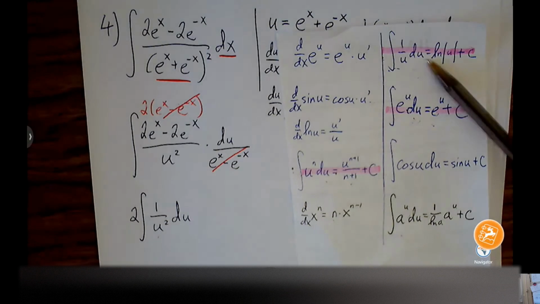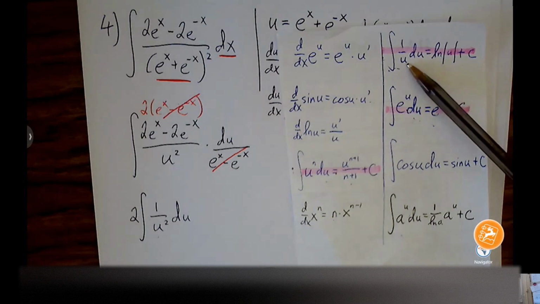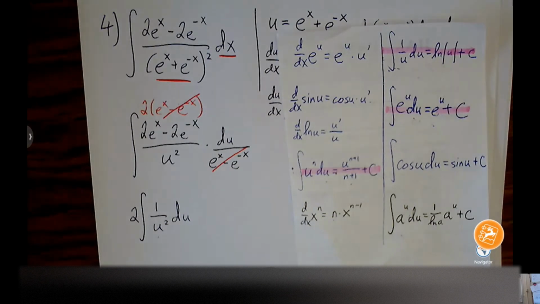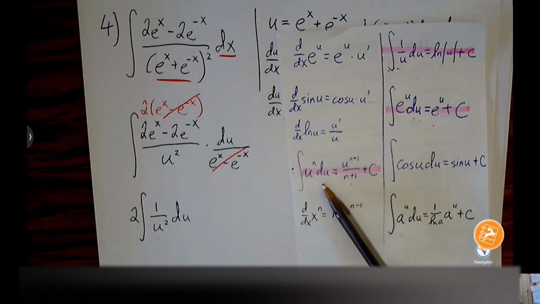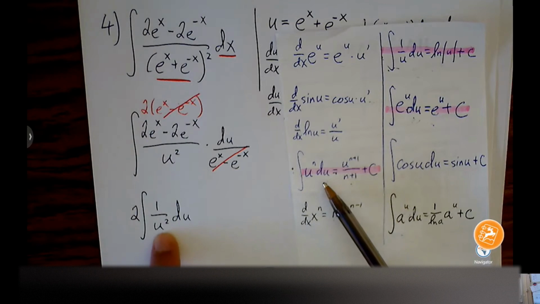Good. We can't use natural log, right? This is only reserved for u to the first power. Would it be u to the n? Okay? It's going to have to be power rule, right? But is this ready for power rule? What needs to happen? U to make it u to the negative 2, yep. So we got to make that adjustment.